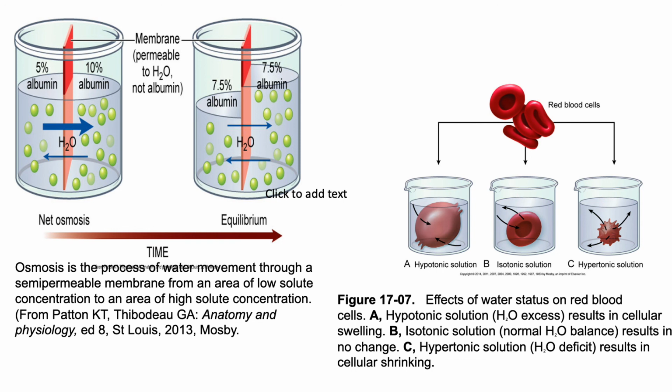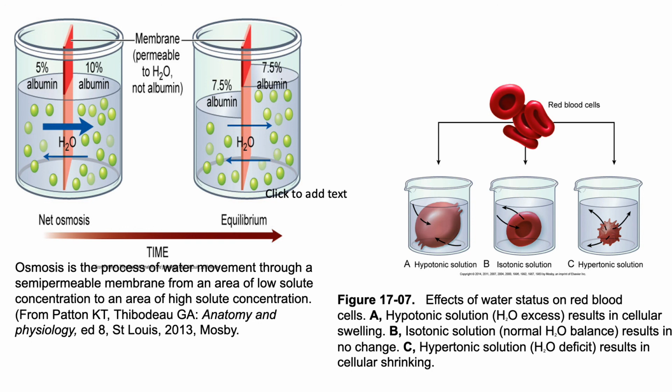This is going to be important in knowing what happens in the body when different types of solutions are given to our patient. So again, as you can see from the image, water will move from the area of low solute, low particle concentration to the area where there are more particles, just to provide equilibrium.